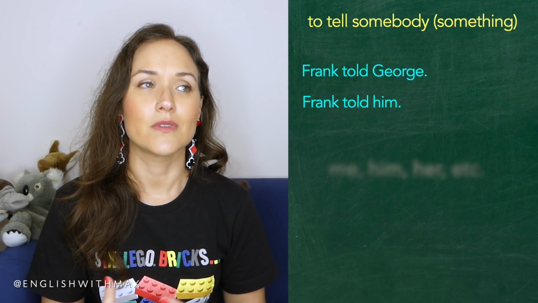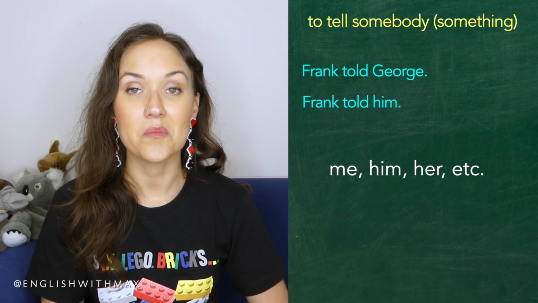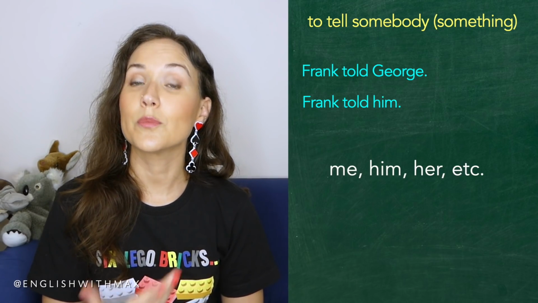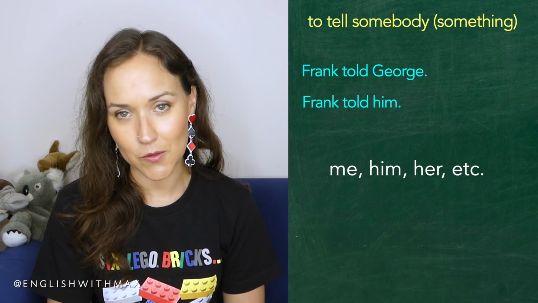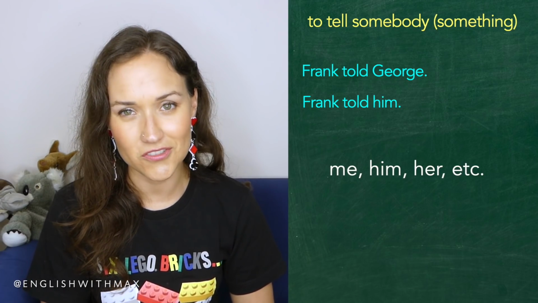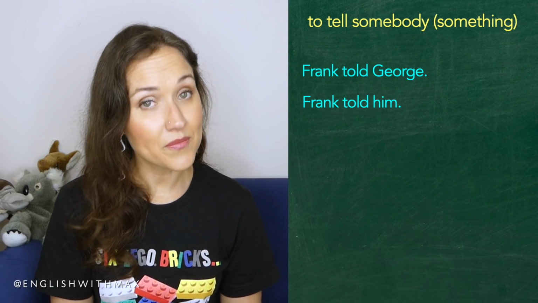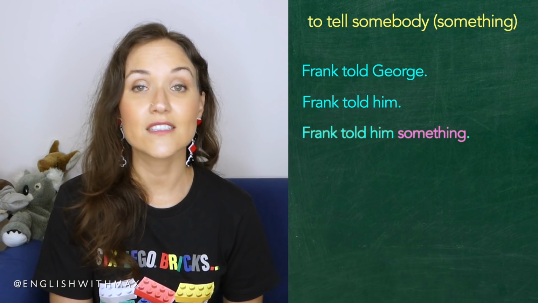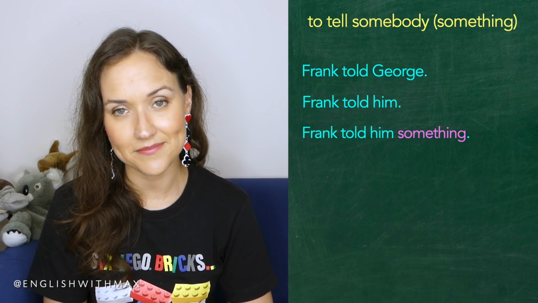For example, me, him, her, etc. But remember that you can replace the pronouns with nouns, like the teacher or George. If you want to add something to this sentence, you need to say, Frank told him something.